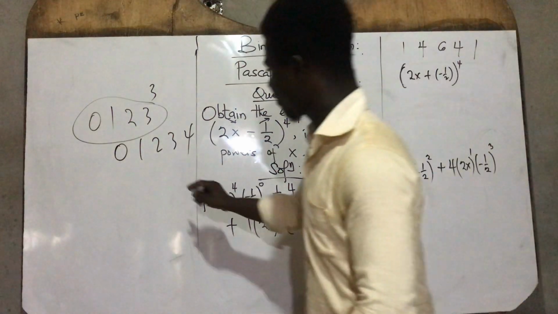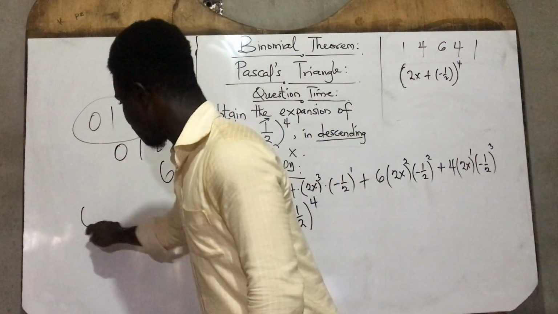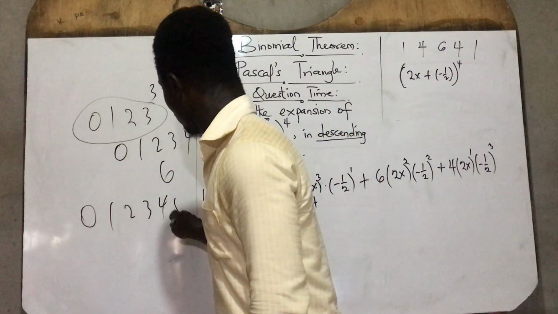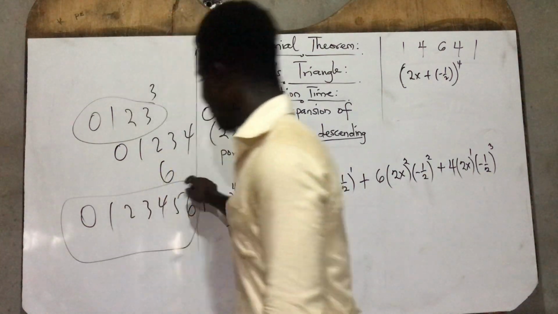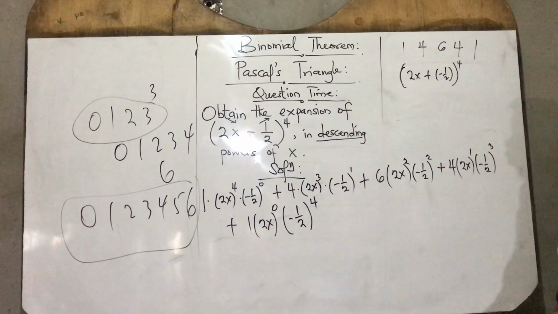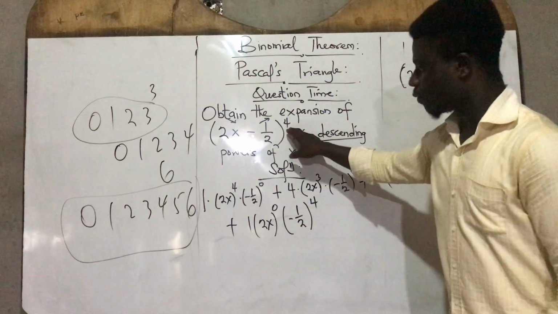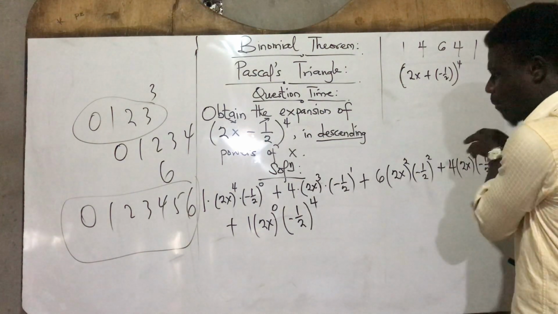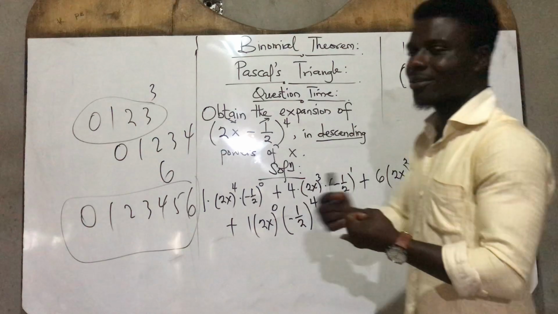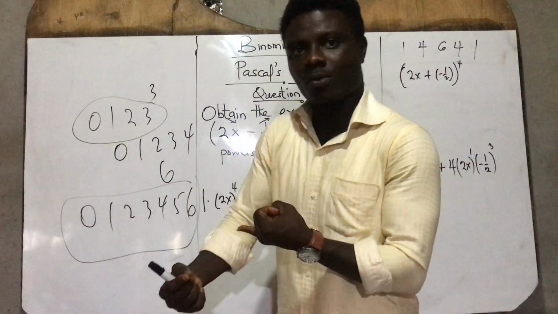If it is to the power 6, how many terms? 0, 1, 2, 3, 4, 5, and 6. So 7 terms. So you have to take note of the number of terms to get, because it is starting from 0.